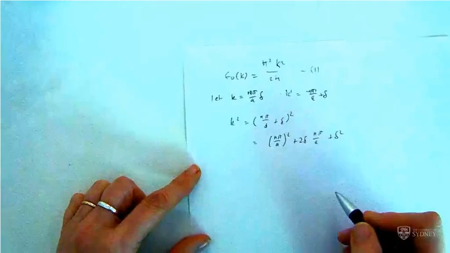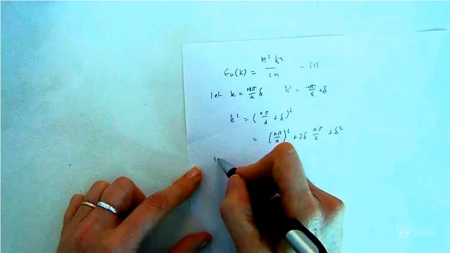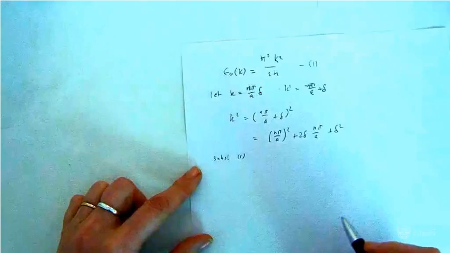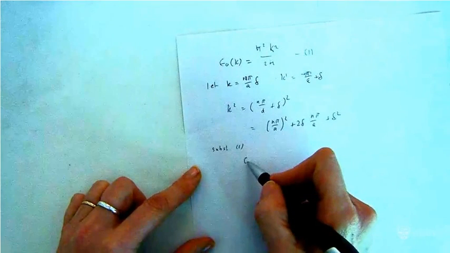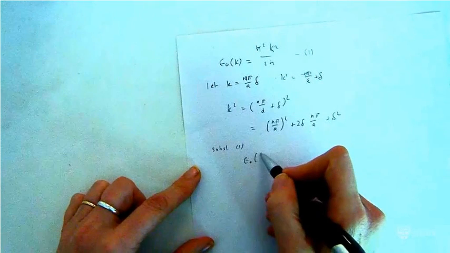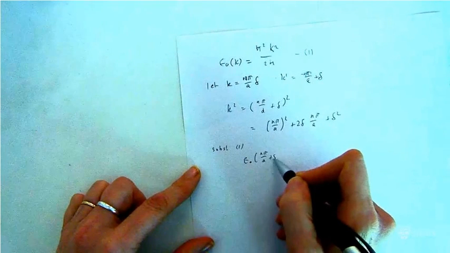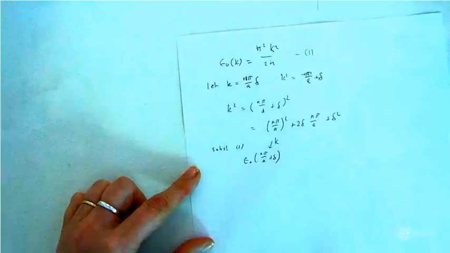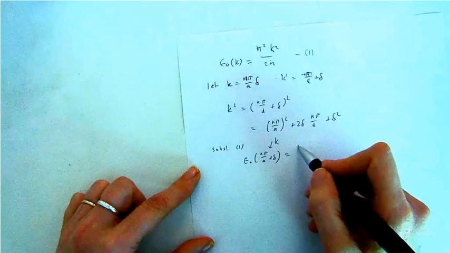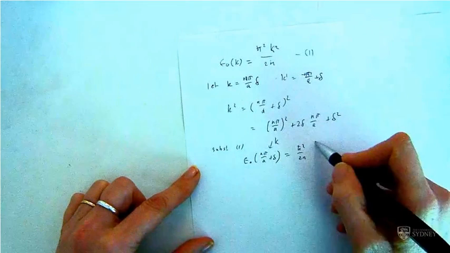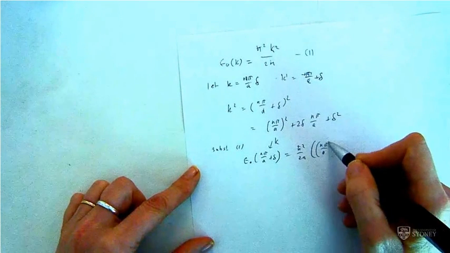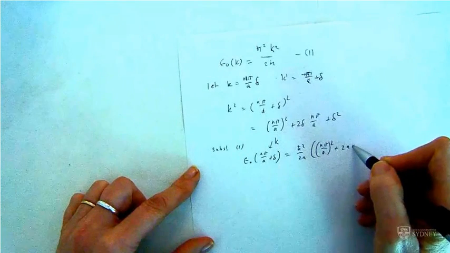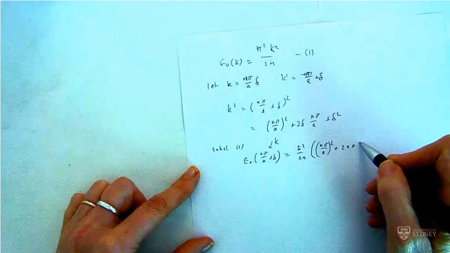And then we just substitute it into 1, okay? So we end up with E0 of k equals h bar squared on 2m times n pi over a squared plus 2 n pi delta over a plus delta squared.